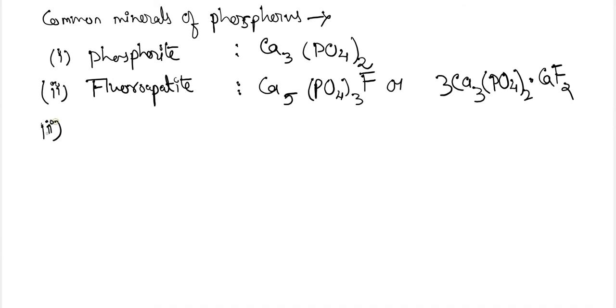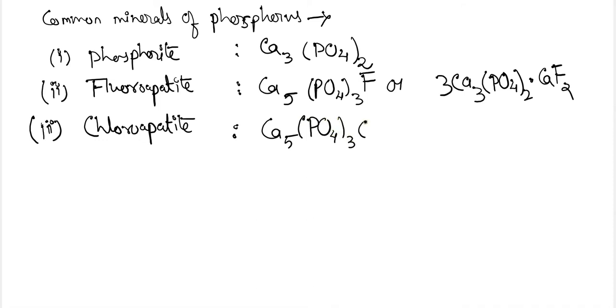Third, chloroapatite, Ca5(PO4)3Cl, or 3Ca3(PO4)2·CaCl2.